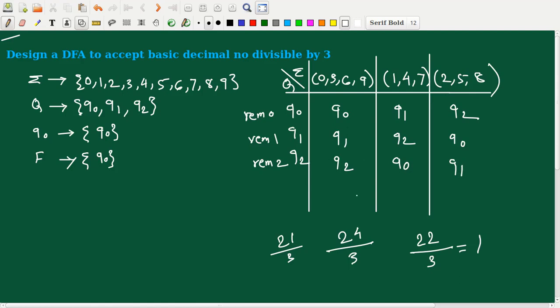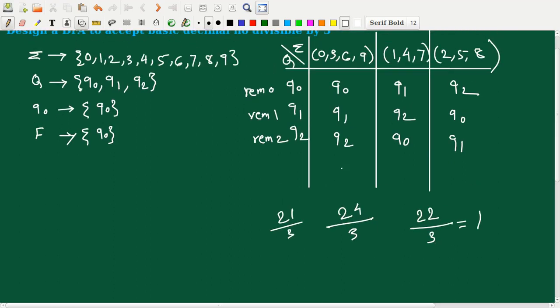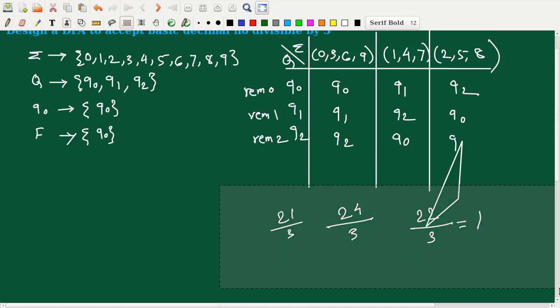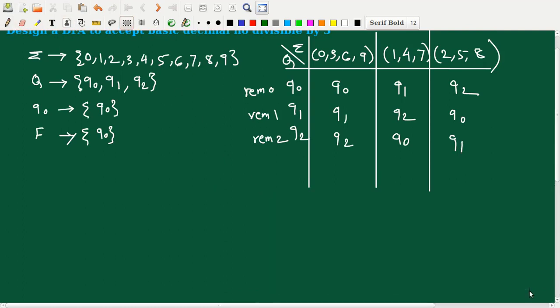So this is the total state transition table for this particular problem, which says: design a DFA to accept a basic decimal number divisible by 3. Now we have to write all the state transition equations for this problem.